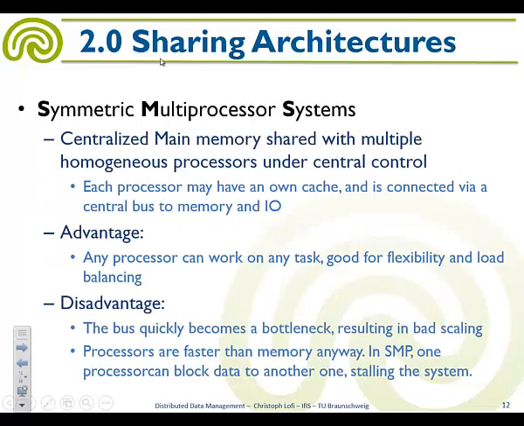If you have a symmetric multiprocessor system, now from an abstract level, not focusing on CPU cores, a symmetric multiprocessor system in general is a system where you have multiple processing units which are homogeneous under a central control, and these systems share their main memory and their I/O over a centralized bus.